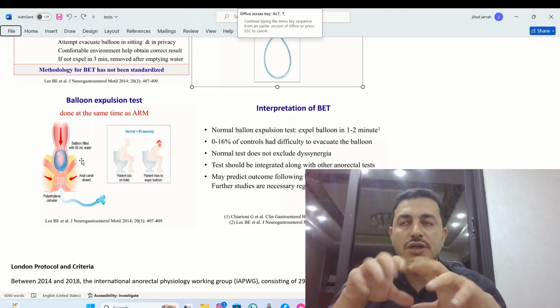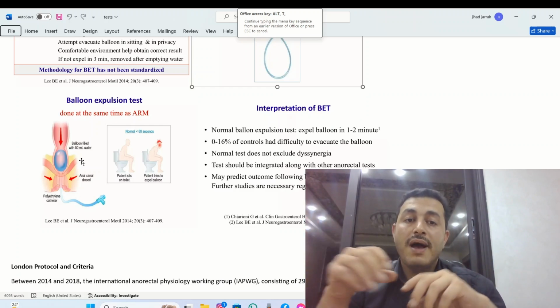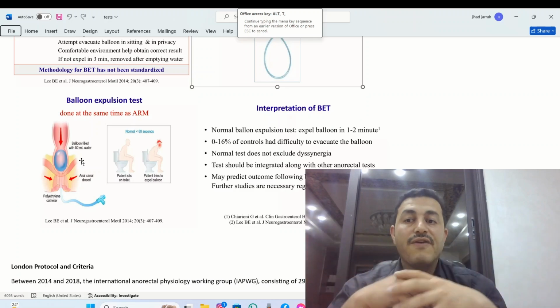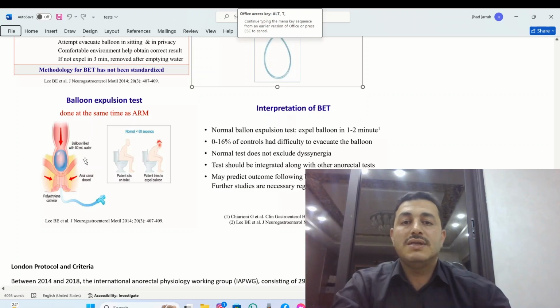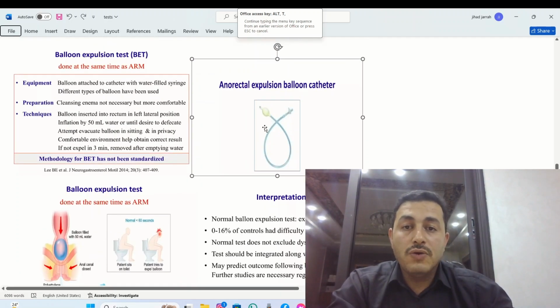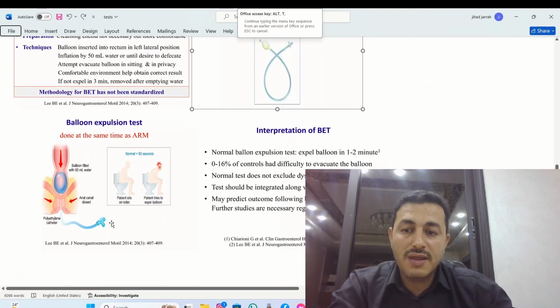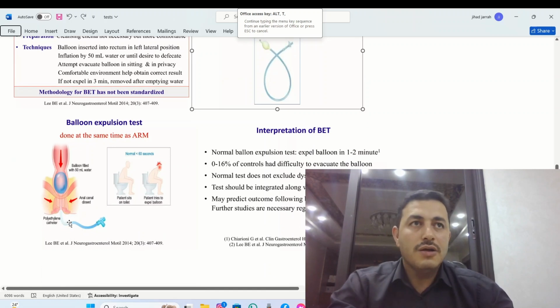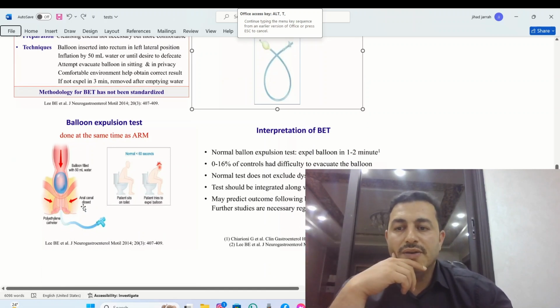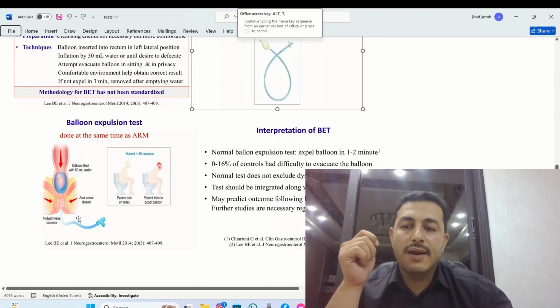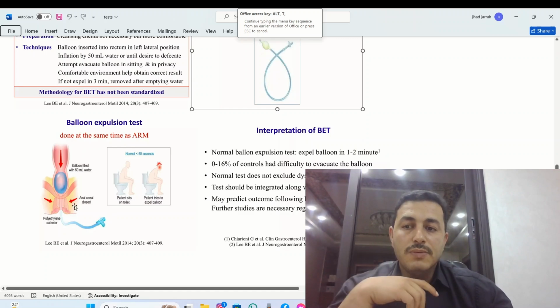We ask the patient to go to the bathroom and privately evacuate the balloon. As you see, this is the anorectal expulsion balloon, connected with a catheter because some patients will not be able to evacuate it, and we can then empty the balloon and remove it.